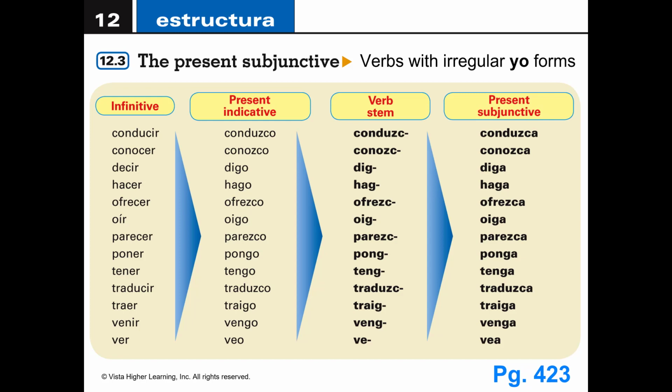For those, still, they're going to maintain their irregularity. So that's why it's key that you conjugate them for yo, because then you're going to have that stem already changed. And then just add the present subjunctive endings. All of these are on page 423 for your reference.